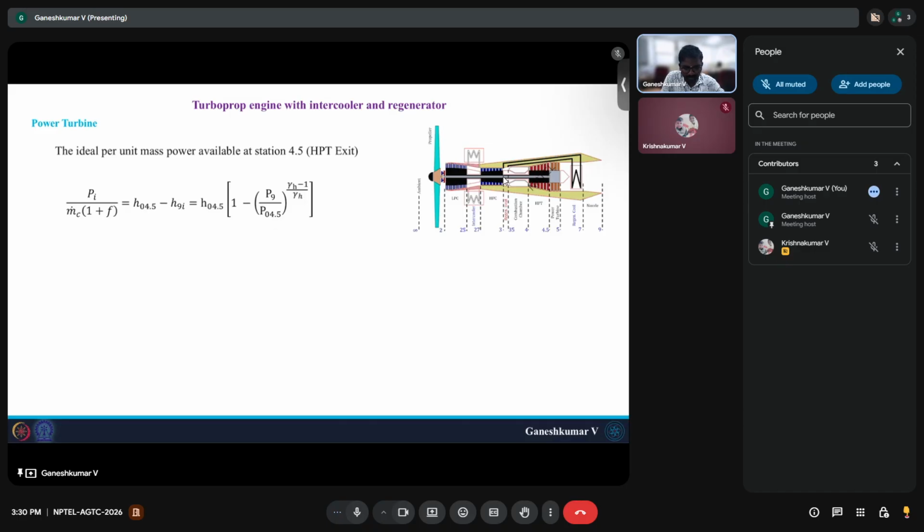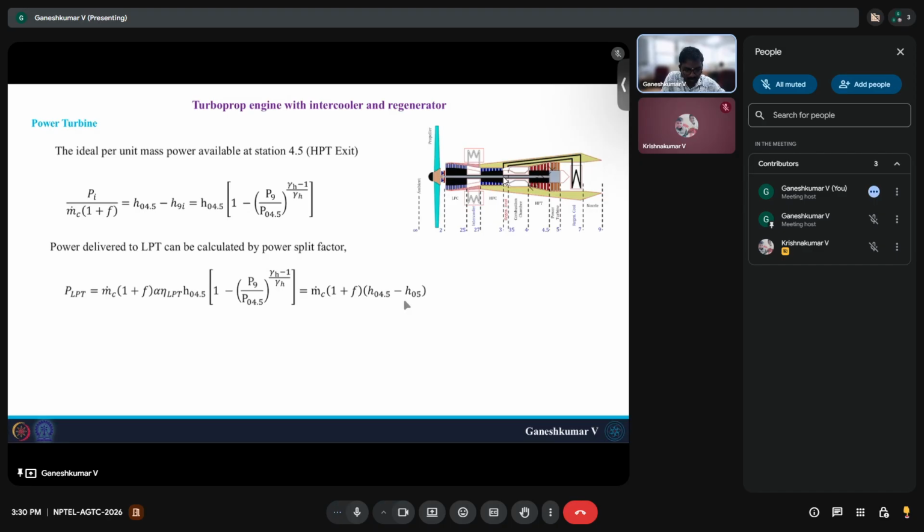Now, this is the total power available at the exit of the HPT turbine, but the power delivered to the LP turbine can be calculated by the power split factor. So this is the total power multiplied by alpha times the efficiency of the LPT, which is m dot c into 1 plus f into H04.5 minus H05.